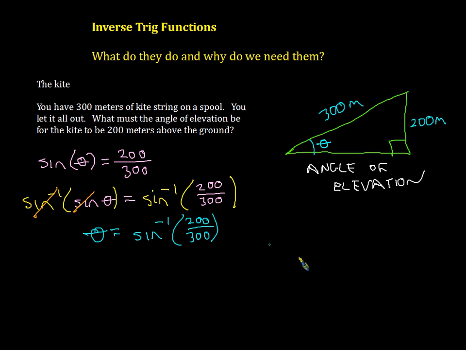So let's go ahead and add that in. What we figured out is theta equals, and what was it again? 41.8 degrees. Yay! That's pretty cool. I'm pretty happy about that result.